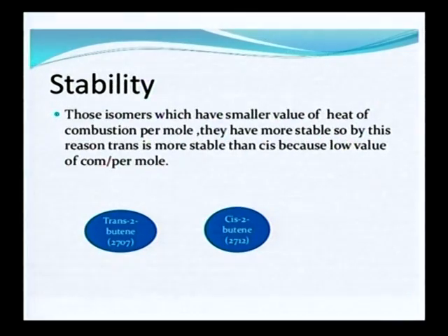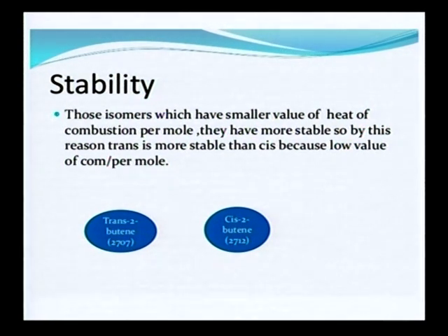Next, here is stability. What is stability? Those isomers which have the smaller value of heat of formation per mole are more stable. Here the cis isomers are stronger than the trans. How?